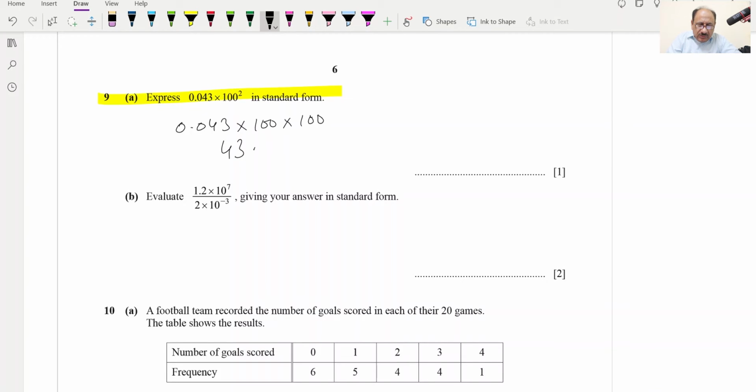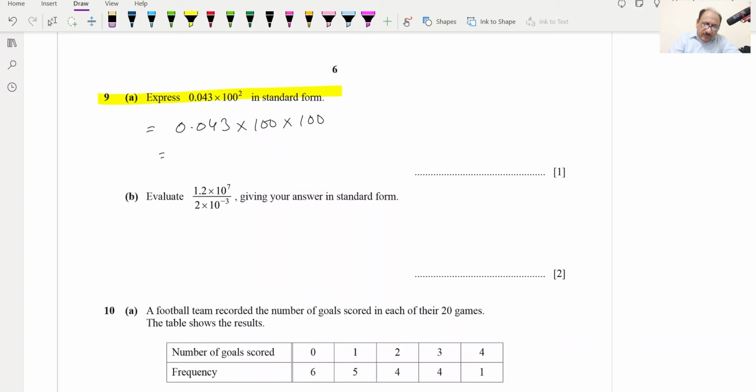So it is 43 multiplied by 100, and we can rewrite it as 4.3 into 10 into 100, and finally we can write this as 4.3 into 10 raised to the power, what? We did a mistake over here.